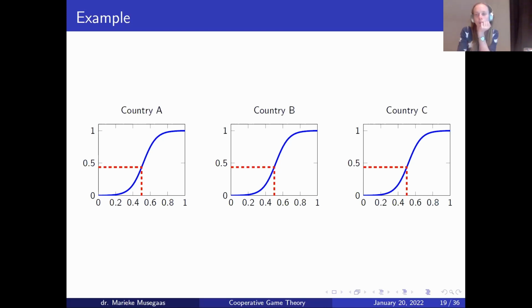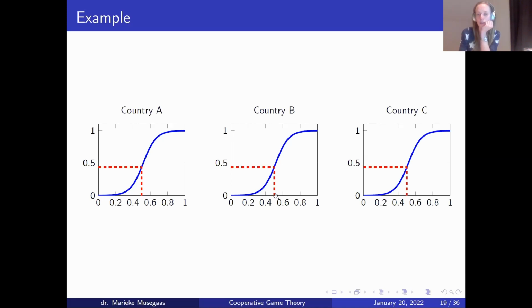But can we do better off? Can we somehow make use of this very steep part in the S-shaped return function over here by redistributing the vaccines? Can we improve our 0.45 times 3?